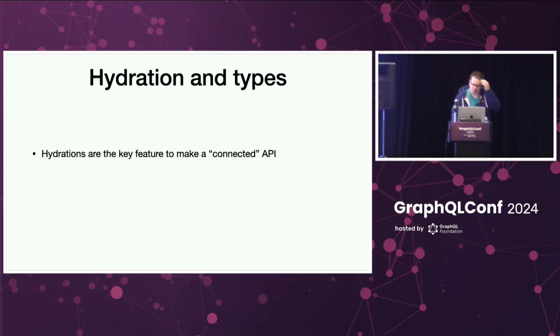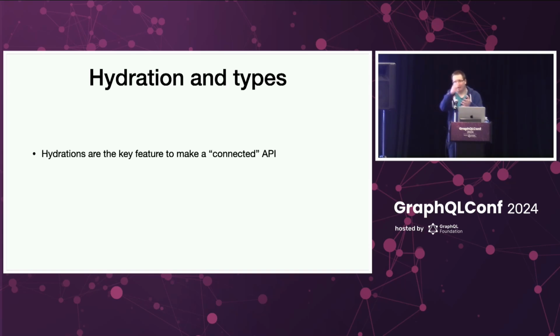Okay, a few words. The hydration feature we saw before, which hydrates a primary key, a global ID, to something else, is really the key feature to connect the underlying services. All of these underlying services are separate, conceptually by design, but you want to present a GraphQL API that feels connected, right?